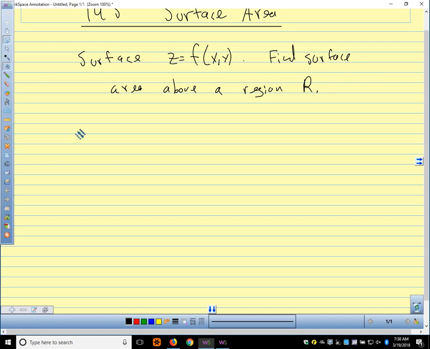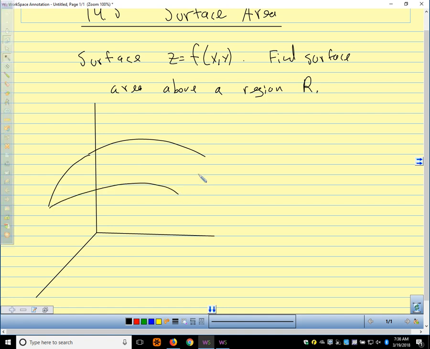So here's a picture, and this is our starting point for how we're going to set this up. Here is our function up here, z equals f of x y.